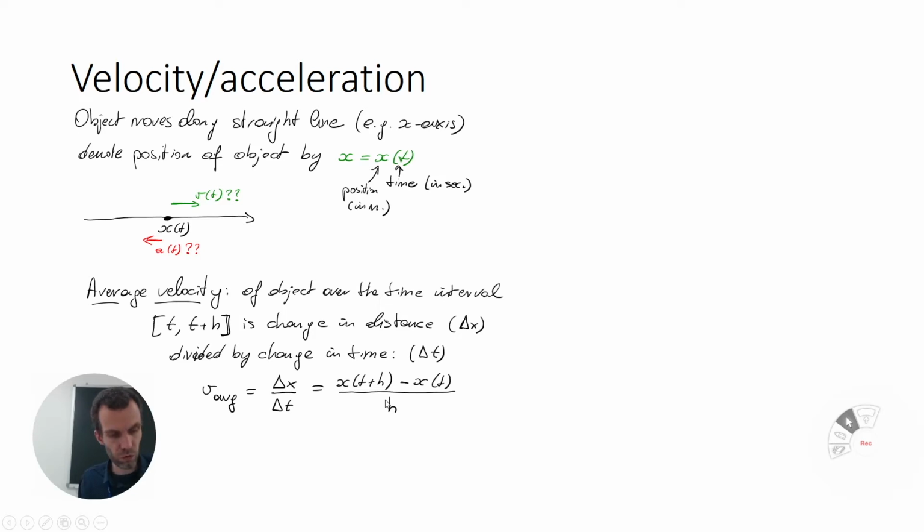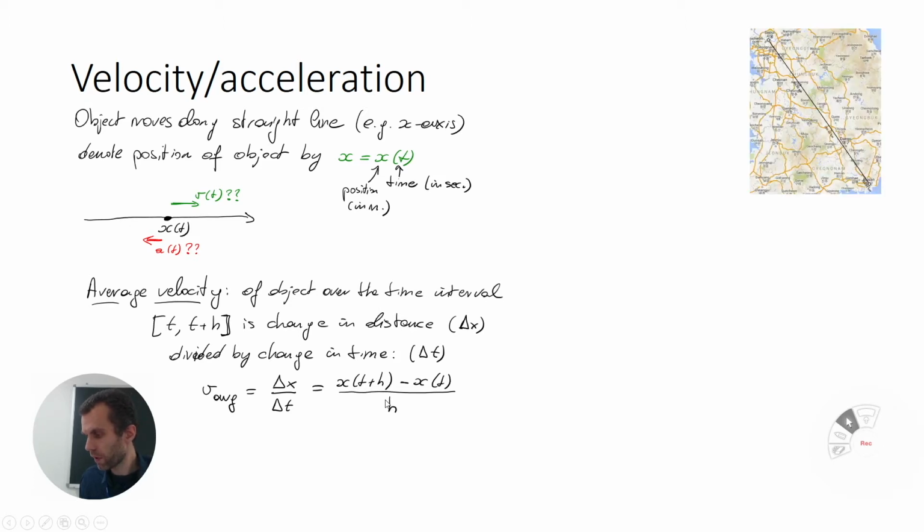And just to firm things up a little bit, an example with real numbers. If you take the KTX from Seoul to Busan, you know that the distance delta x is, roughly speaking, 350 kilometers.